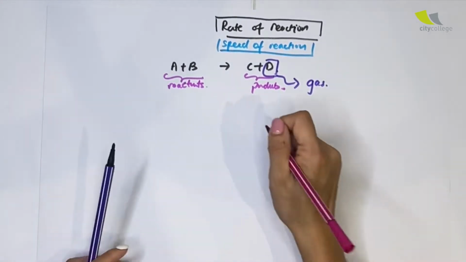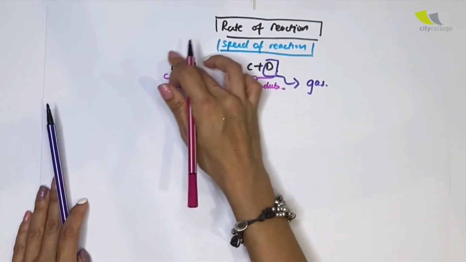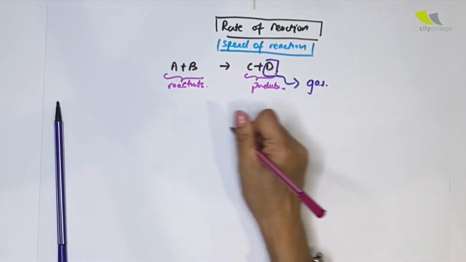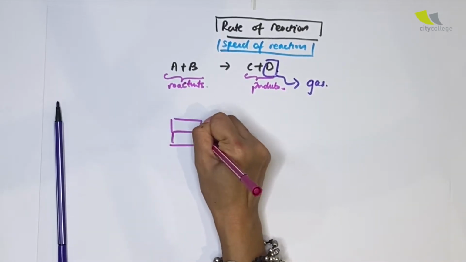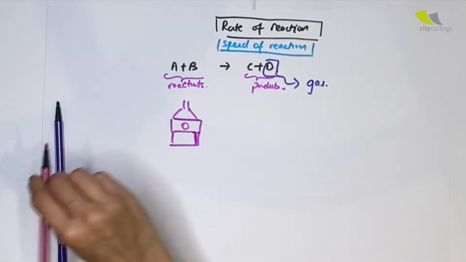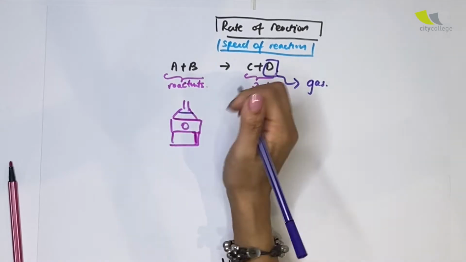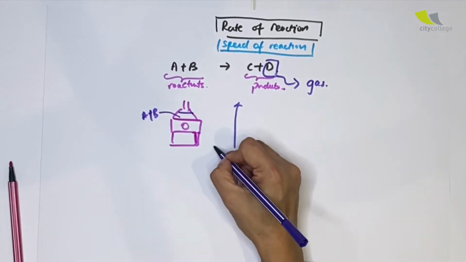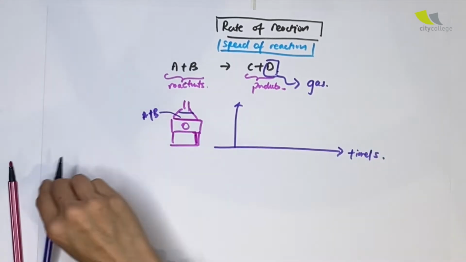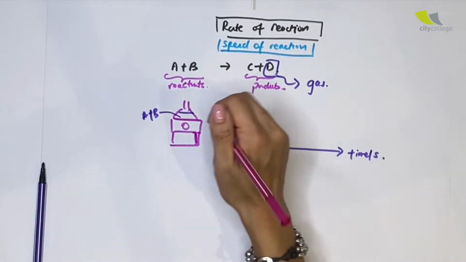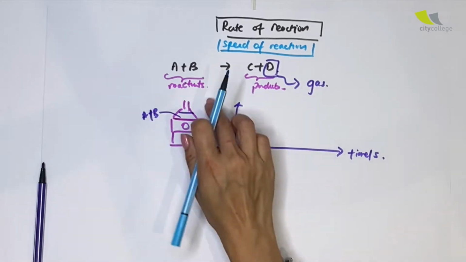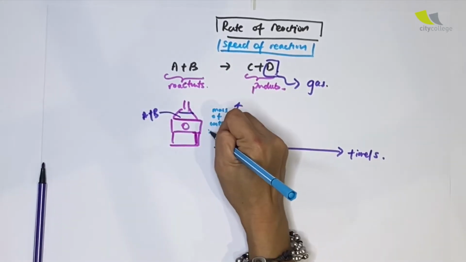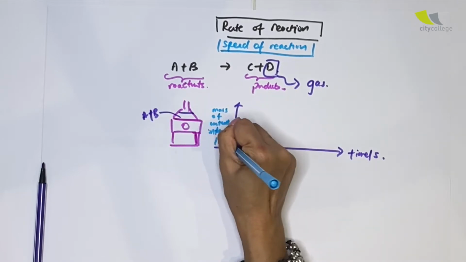So, imagine I place this chemical reaction, the reactants A and B, on a weighing scale. In this conical flask, it contains both A and B. When I weigh this, I'm actually measuring the contents within this flask, measured in kg.